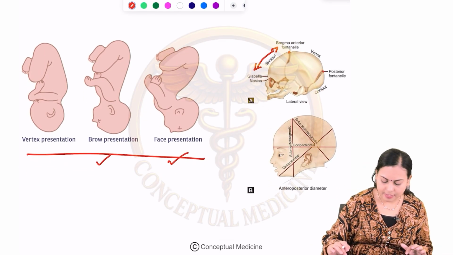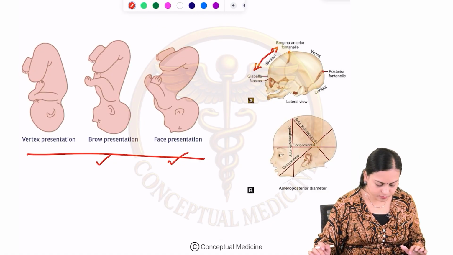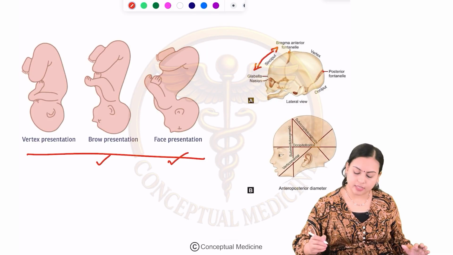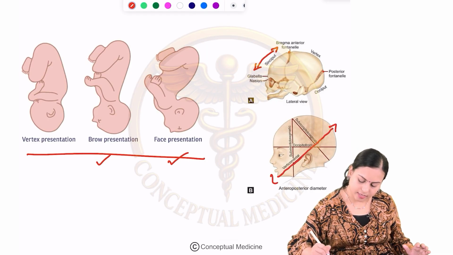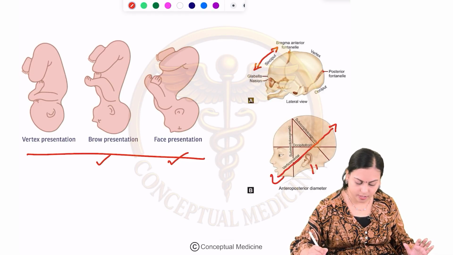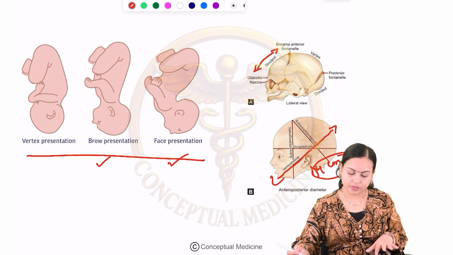And the presenting diameter in brow presentation is going to be the vertico-mental diameter, okay, and this is the longest diameter of the fetal skull. So, that is going to be around 14 centimeters, okay, right.